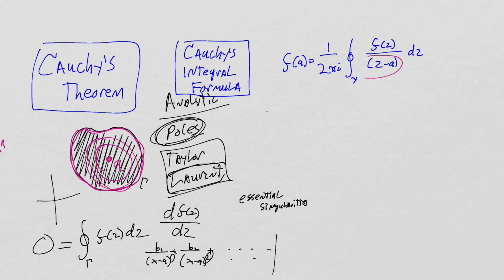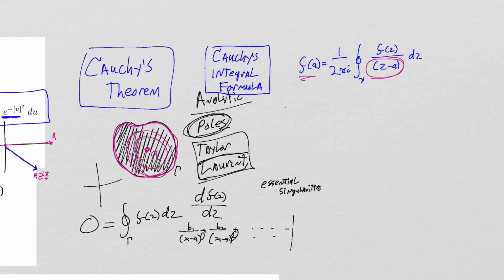As long as you put this z minus a in the denominator of your integrand, you'll get f of a. And then the last of the three big ones is, well, it's probably the biggest one, the residue theorem. And we will be using the residue theorem later, so we'll have a chance to practice with that later.